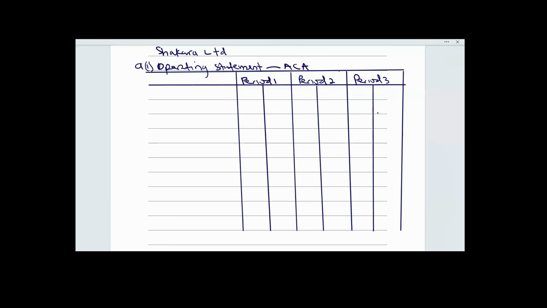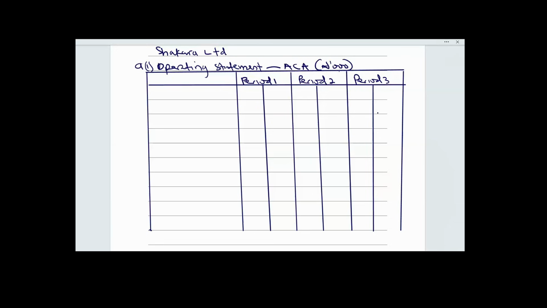Instead of putting naira sign under each column, I can say I want to restrict my numbers to thousands. If you want to do millions, it's the same thing.